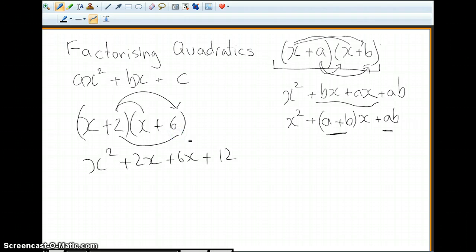Okay, 2x plus 6x gives 8x. Notice that the numbers: 6 times 2 is 12 and 6 plus 2 is 8. That is always true for a quadratic.